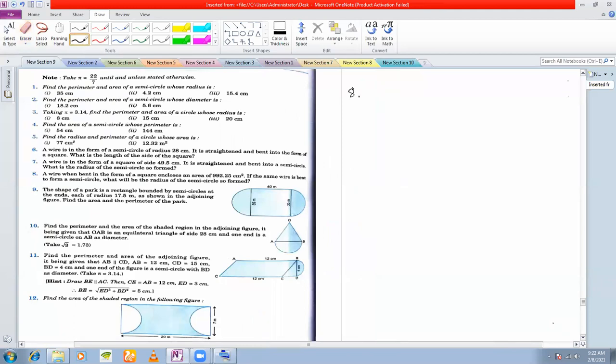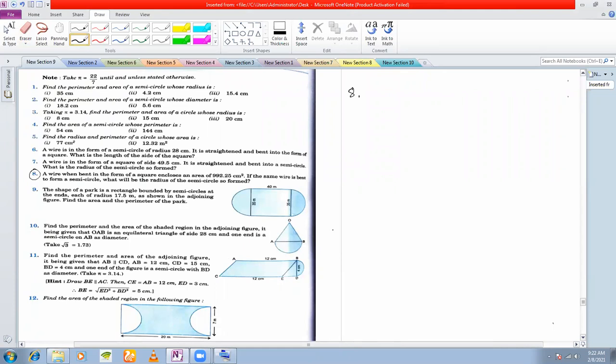Problem number 8. A wire, when bent in the form of a square, encloses an area of 992.25 centimeters square. Okay, so you have a copper wire, you are making a square out of it.